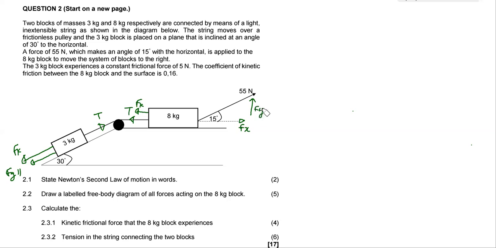So you have Fy going up and Fx going to the right because you are pulling at an angle. Once you pull at an angle, know that your force is going to be resolved. That's what I see when I look at the forces that we experience on each block.